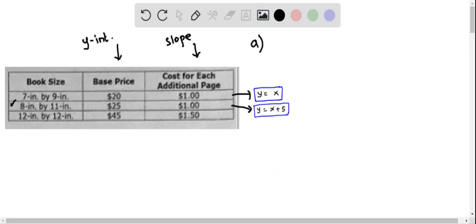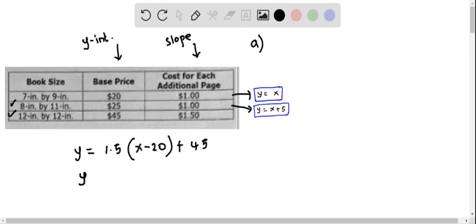Let's now do the third book size, that is 12 inch by 12 inches. Here I write y equals mx. The slope is 1.5 times x minus 20, plus the y-intercept, which is 45 here.